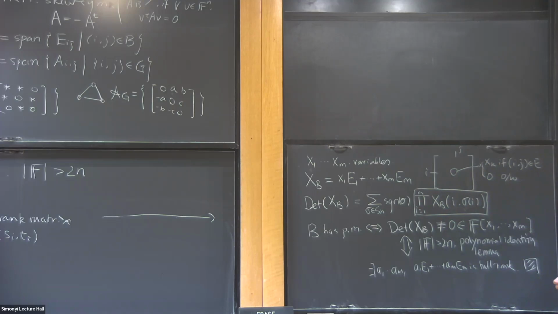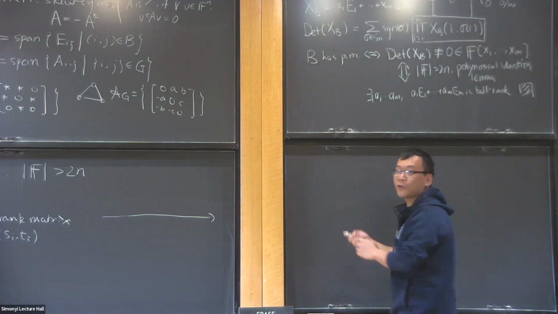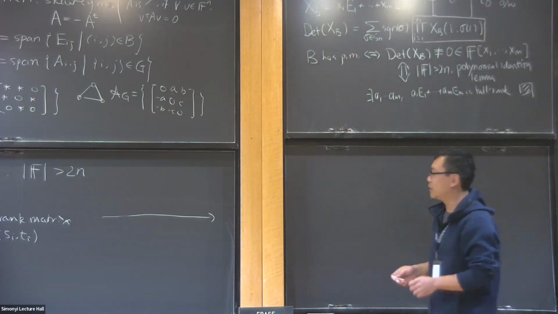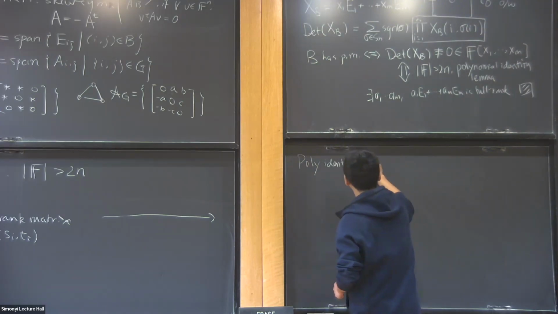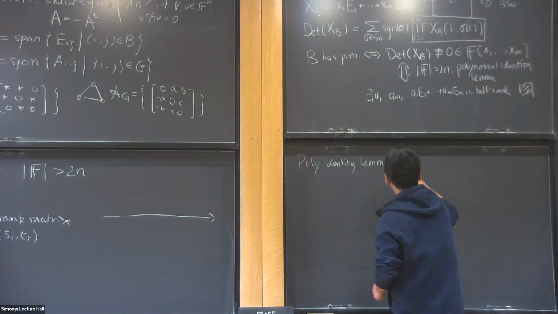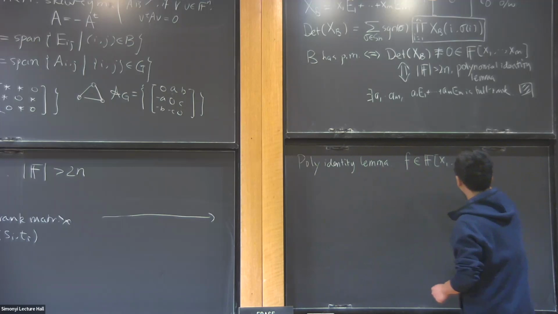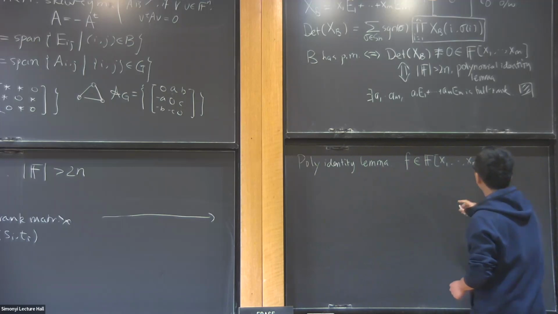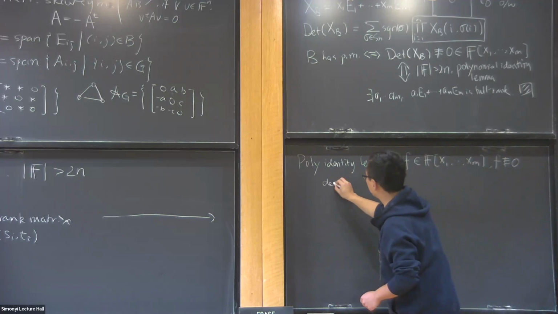So what's the precise statement of this lemma? Well, you can also use combinatorial sets. This polynomial identity testing lemma is saying that suppose f in x1 to xm is a non-zero polynomial, and the degree of f is d.